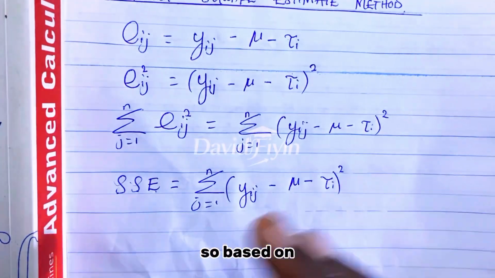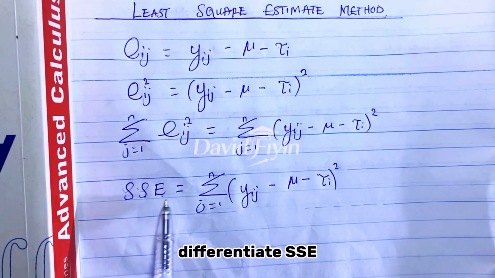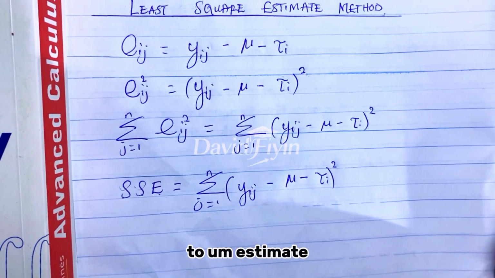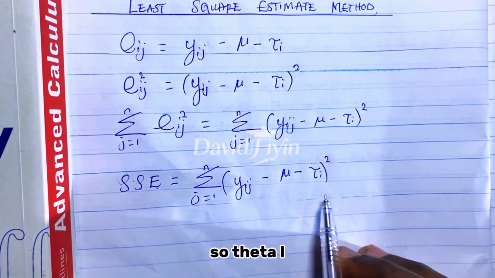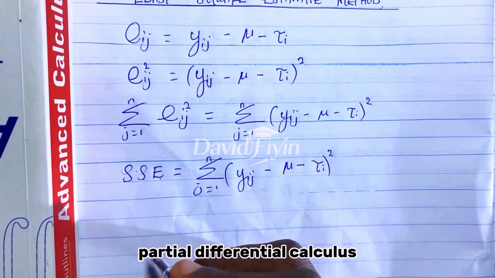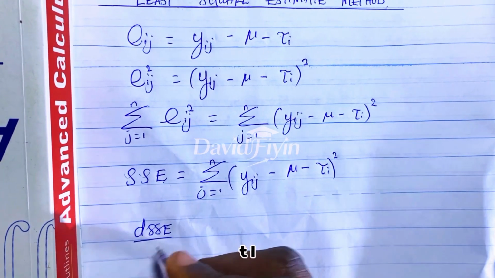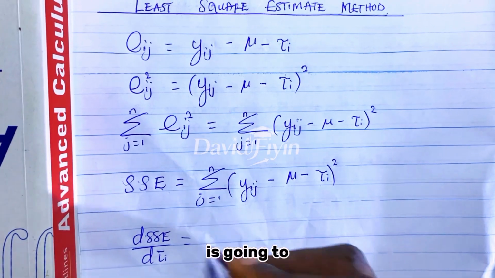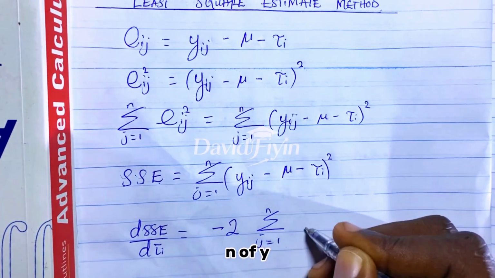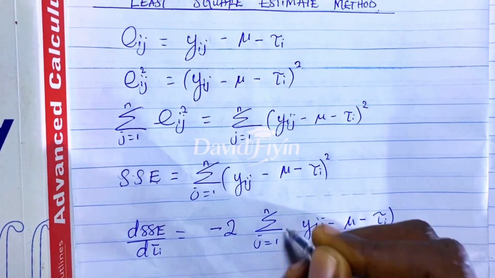Based on the least square estimate method, like I said earlier, we differentiate the SSE, the sum of squared error, with respect to the parameter that we are trying to estimate. The parameter we are trying to estimate is tau i, so tau i becomes our variable. By the principle of partial differential calculus, differentiating the SSE with respect to tau i gives us minus 2 times the summation j equals 1 to n of Yij minus mu minus tau i.